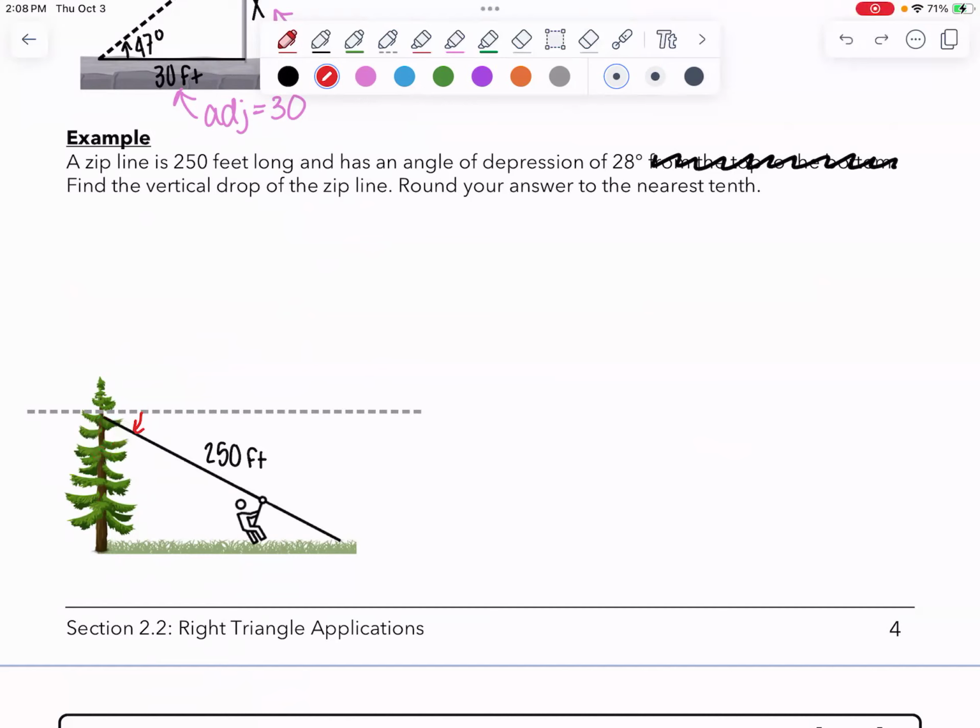The angle of depression is up here. This is 28 degrees. We are looking for this side over here, the vertical drop, how much it drops vertically. I'm going to call that X.